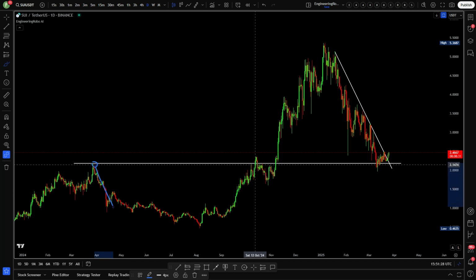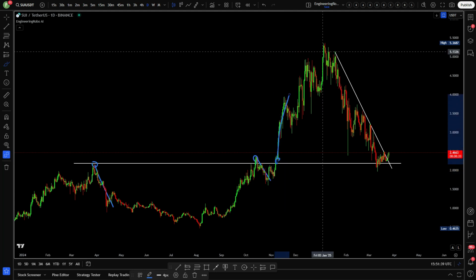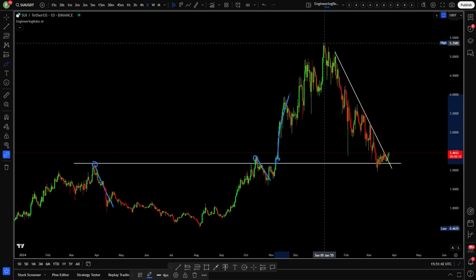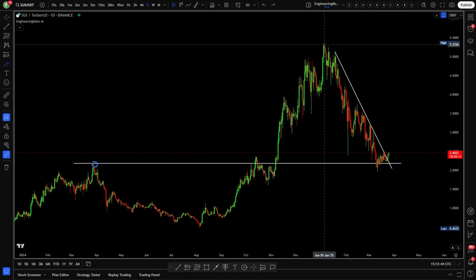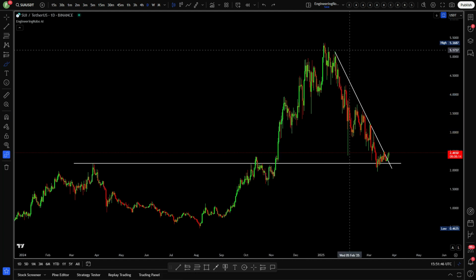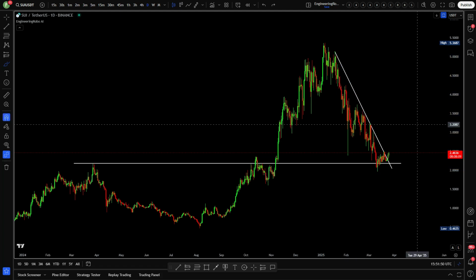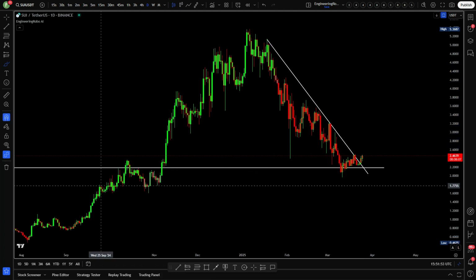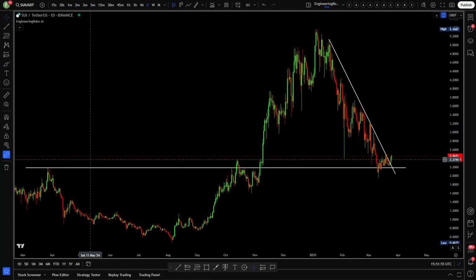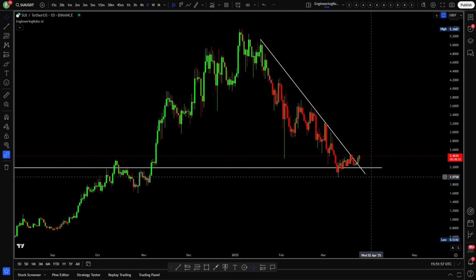It then revisited that in October, popped above it, but didn't really hold, came back down, and then early in November, price took off and went to an all-time high in early January this year. Since the all-time high in January, price has seen a steady decline, hence the momentum line. But what's interesting is price has held onto that previous resistance, now turned support.